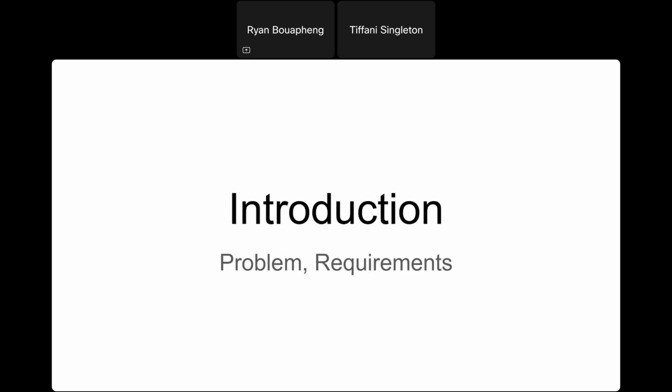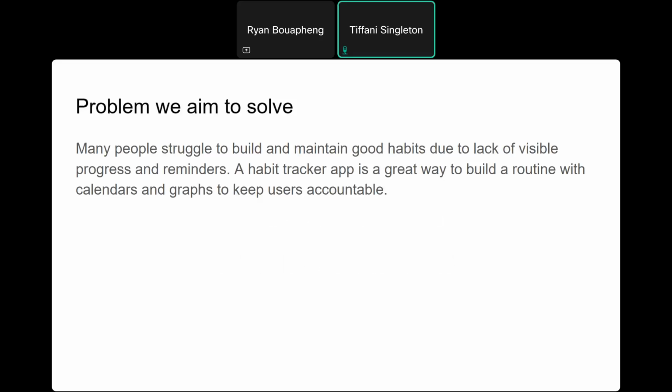So let's start off with the problem that we aim to solve. For many people, a lot of people struggle to build and maintain good habits, and this can be due to a lack of visible reminders and progress.